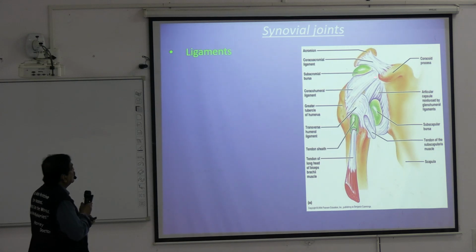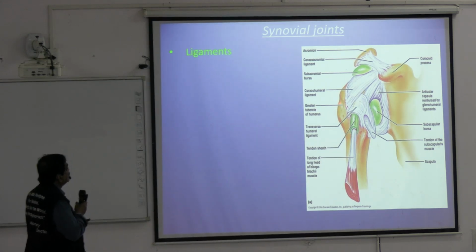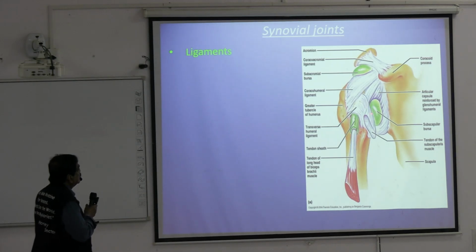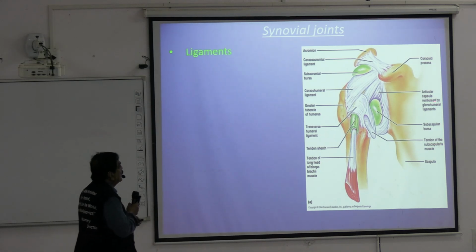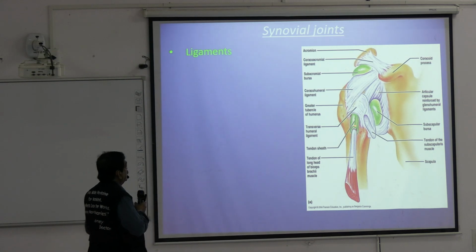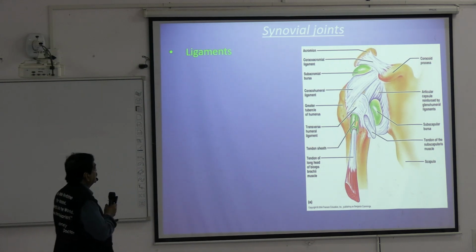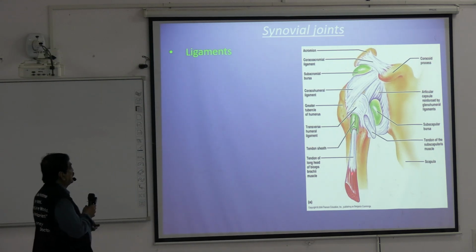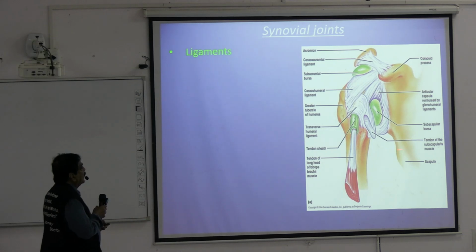Coraco-humeral ligament: from the coracoid process to the greater tubercle of the humerus, is the transverse humeral ligament. This is the subscapular bursa and the articular capsule reinforced by the glenohumeral ligament. Tendon sheath: this is the tendon of the long head of biceps brachii, and this is the scapula.